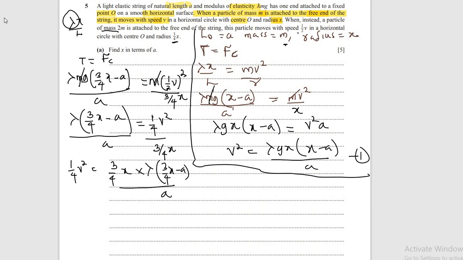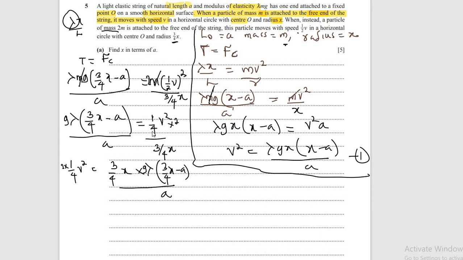So from here, there's still g here. The mass is 2m, not m, so we still have 2 here. So we have 2 times, and there's still g here.